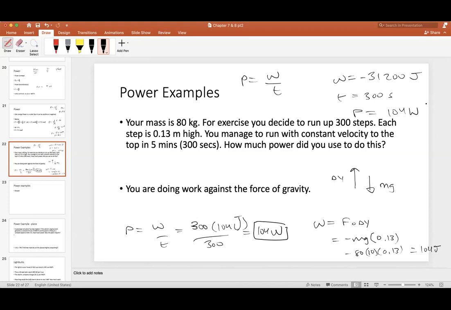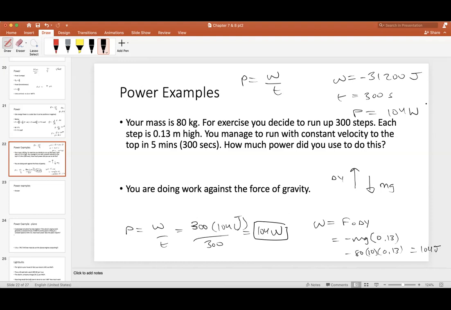This leads us to something else, right? A 60-watt light bulb. Do you know what that means? When we say 60 watts, a 60-watt light bulb will use 60 watts per hour, okay?